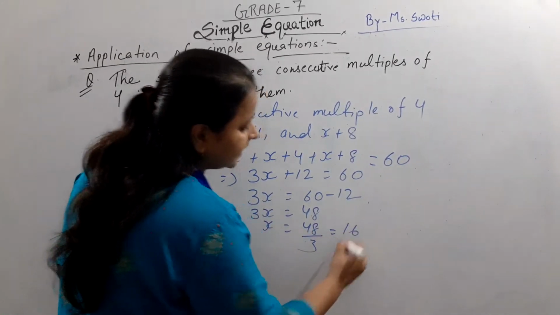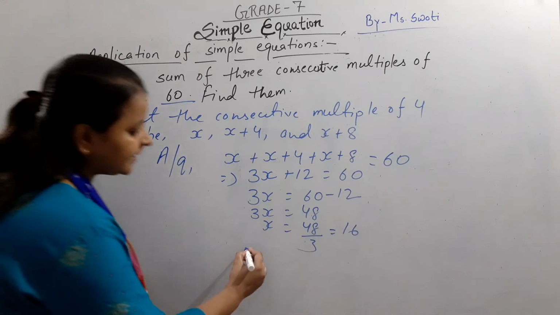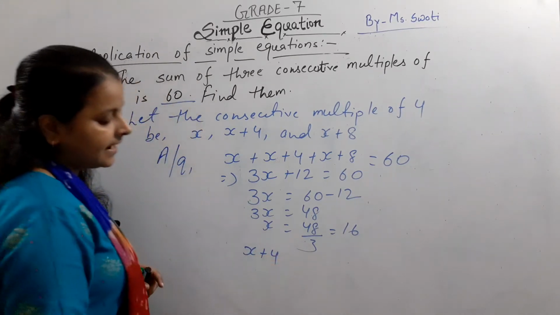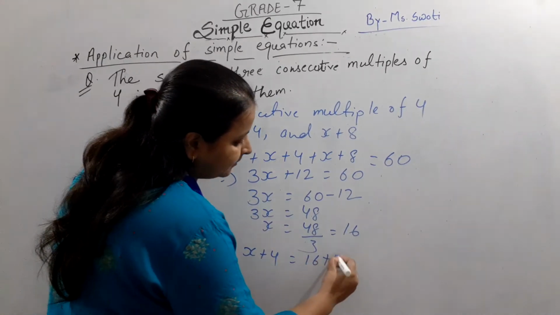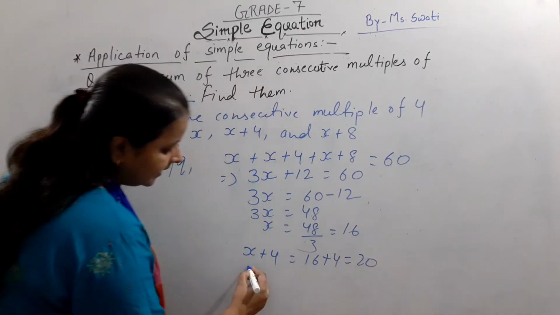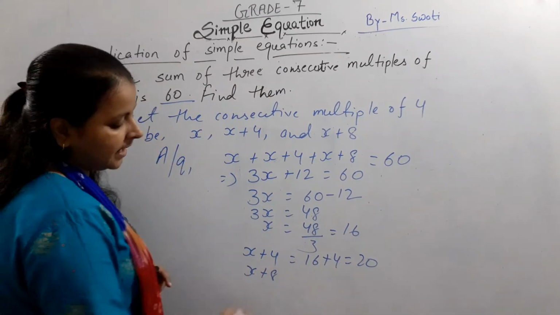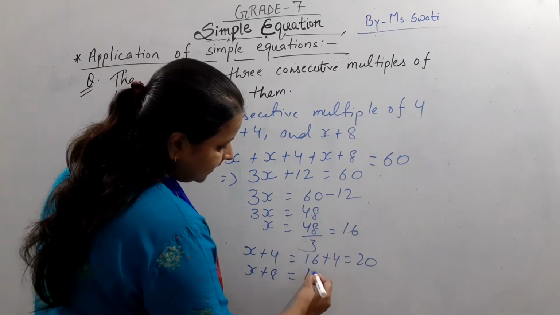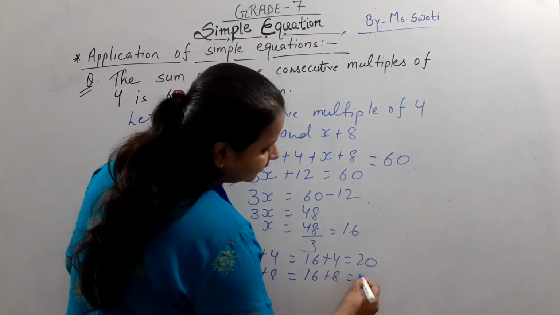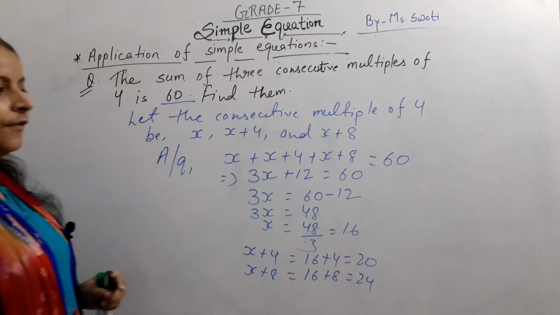That is 16. So the next number is x plus 4, 16 plus 4, we get 20. And the third one is x plus 8. That is 16 plus 8, we get 24.